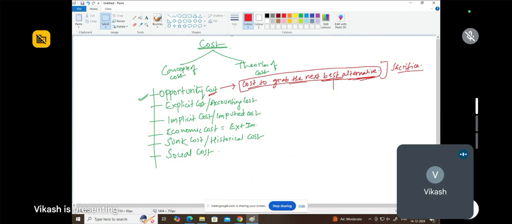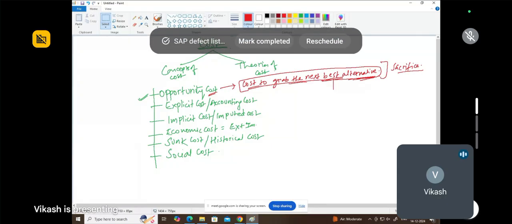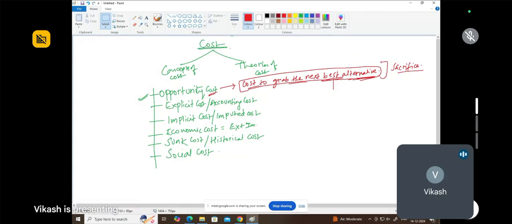opportunity cost. Similarly, in the business world, now say if I say to my father, see, I want to leave this job and I want to start my own business.